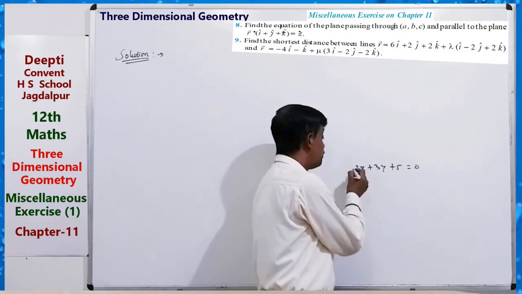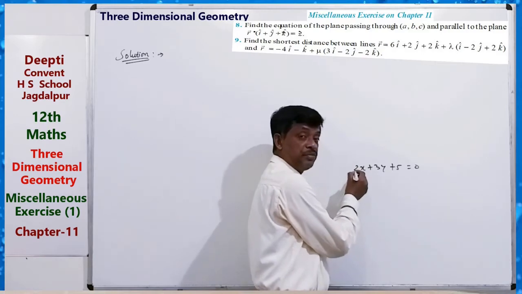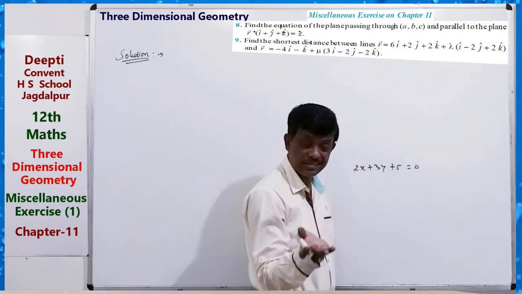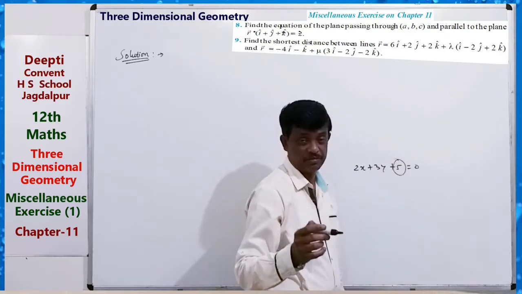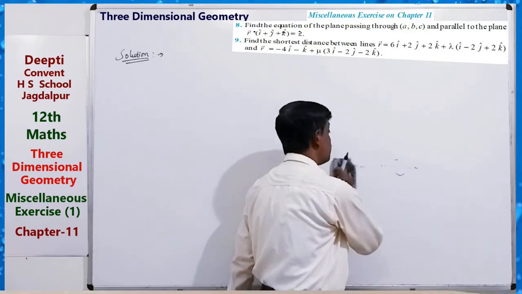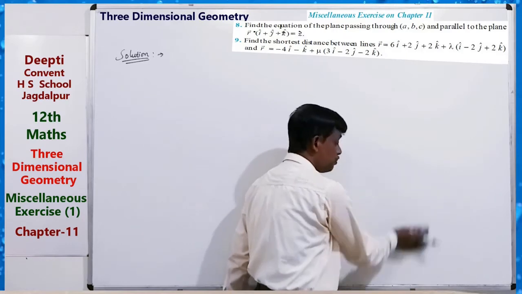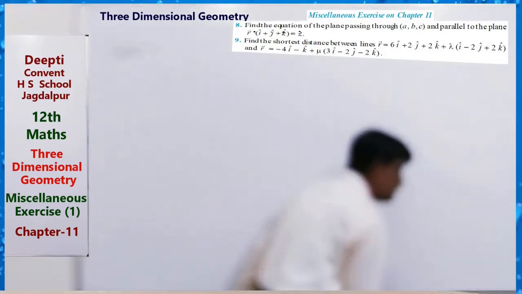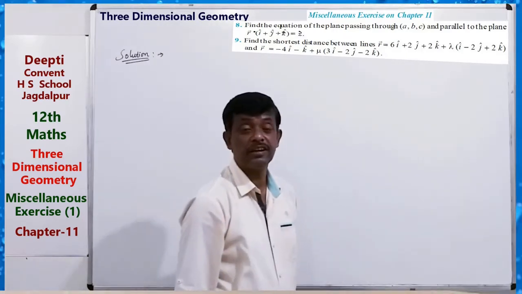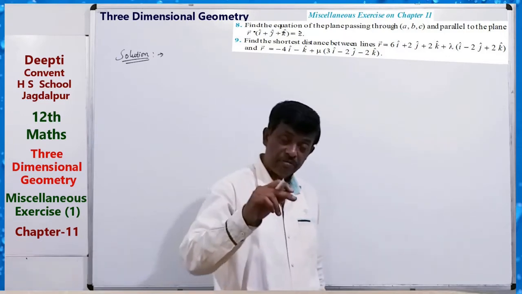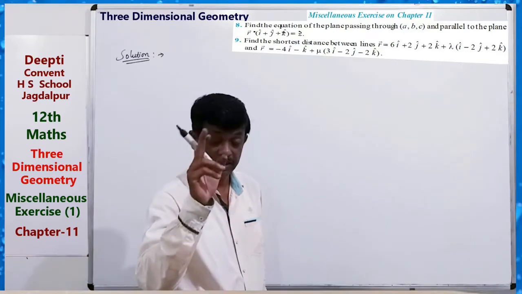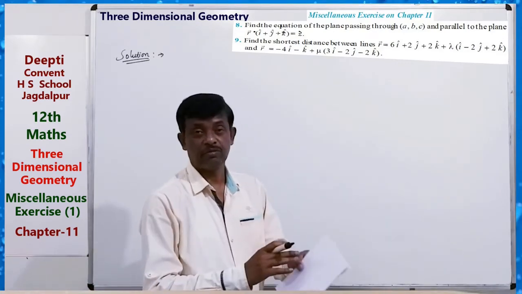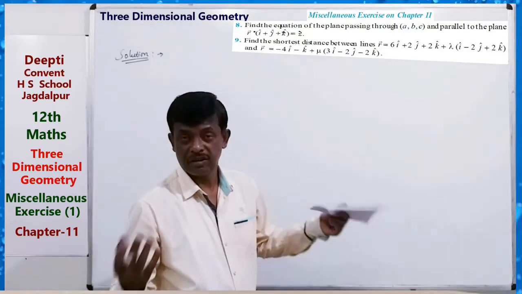Then for writing a parallel straight line, we change only the constant term. So here also, for writing the equation of a plane parallel to a given plane, we can write it in vector form as well as in scalar form, the Cartesian form, with a different constant.